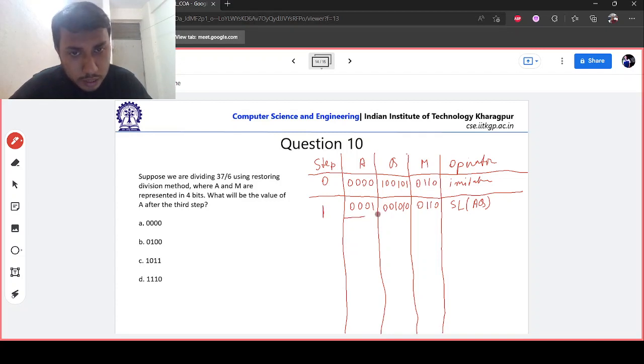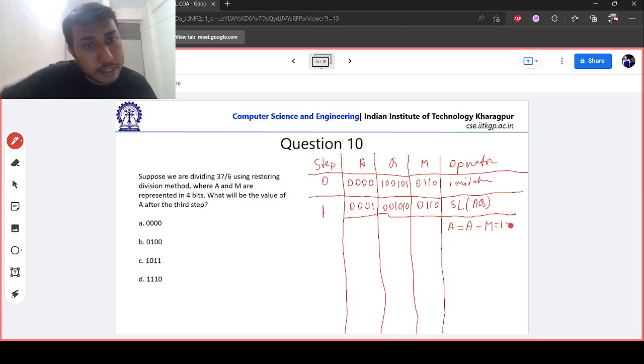Now our next step, this is step 1 continued. The next one is A equals A minus M. What is A in this case? 1 minus, what is M? M in this case is 6.